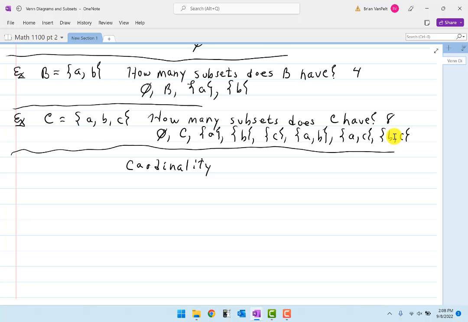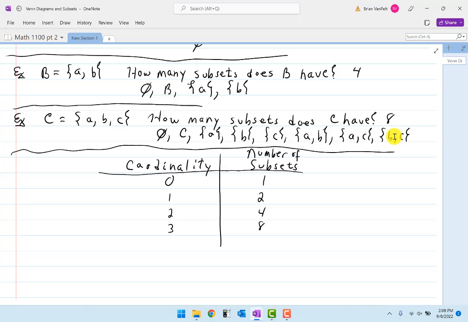So when it was the empty set, how many subsets did we have? When we had the empty set, the number of subsets was 1. When we had 1 item in the set itself, we had 2 subsets. When we had 2 items in the set itself, we had a total of 4 subsets. And then we had 3 items, we had a total of 8 subsets.